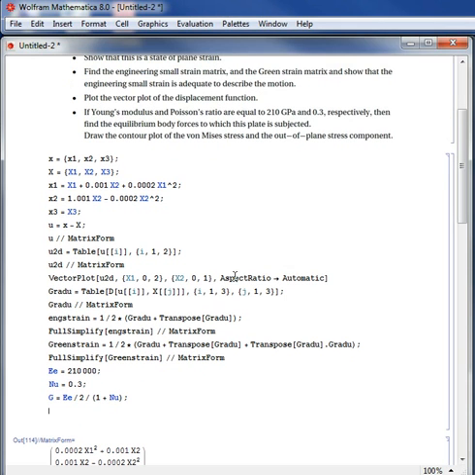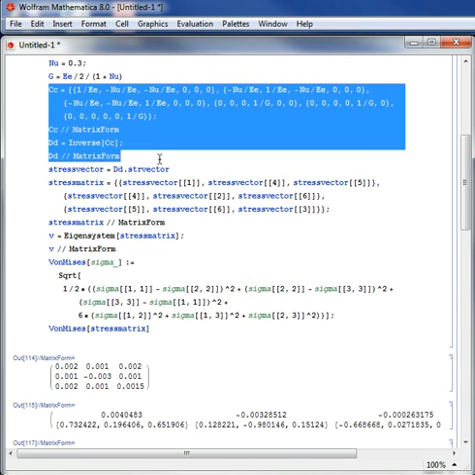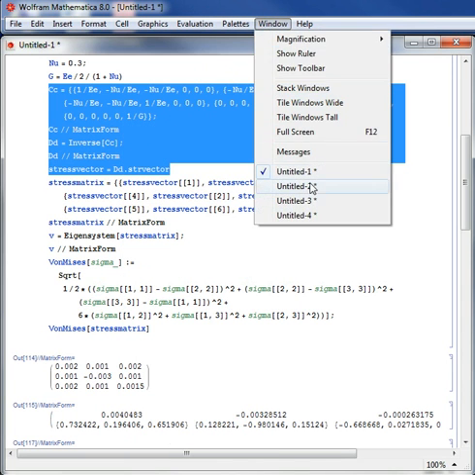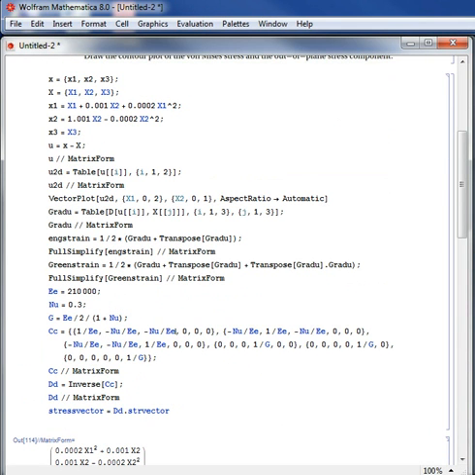I'm going to utilize the matrix that I defined in the previous problem. So I'm going to take this, copy, and go back, paste. So this is the matrix that relates the strains to the stresses. The strains are equal to this matrix CC multiplied by the stress.